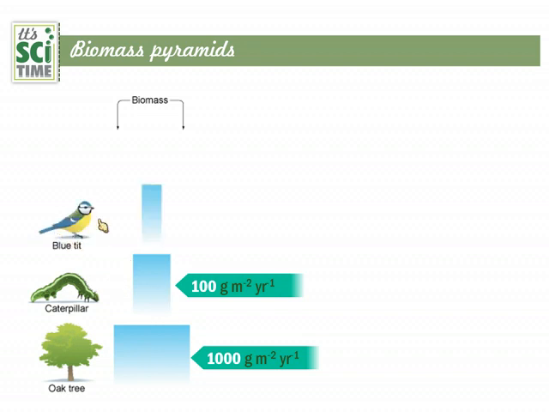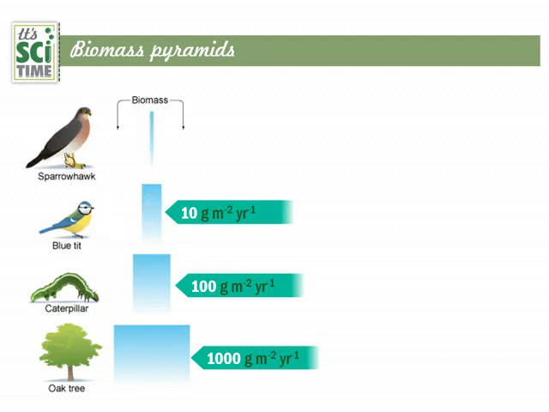Again the same ratio comes. Go to the next level, the blue tit, a bird that eats this caterpillar, and their number is lesser than the previous. That means around 10 grams per square meter per year. In that case also we can see around 10% coming through, a 90% loss. The final stage is the sparrow hawk, a kind of hawk, the carnivorous bird.